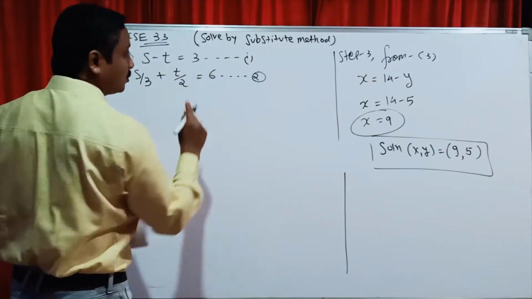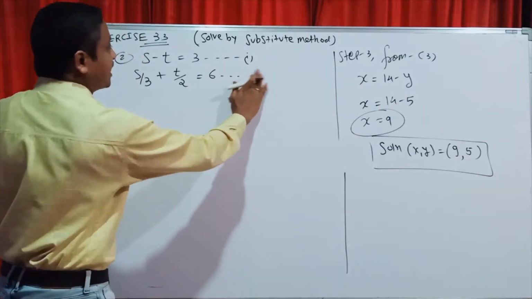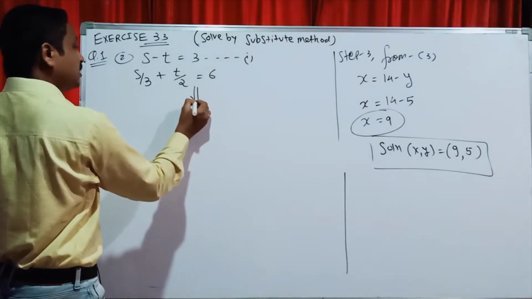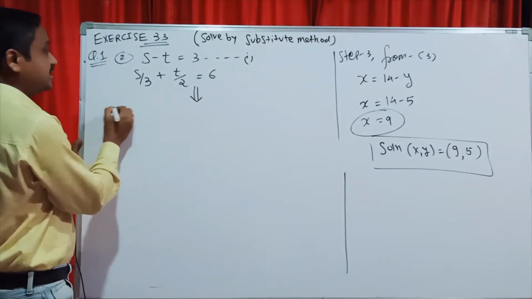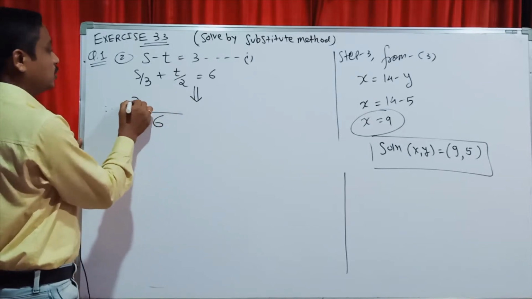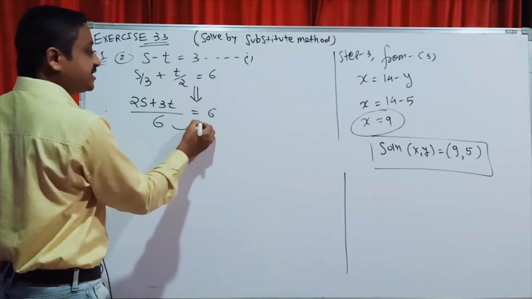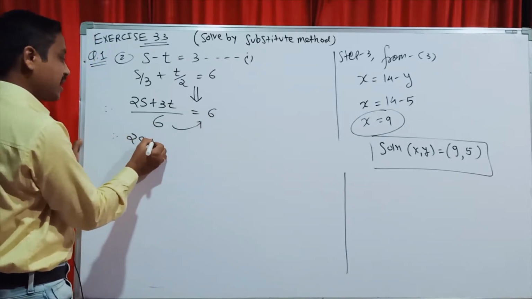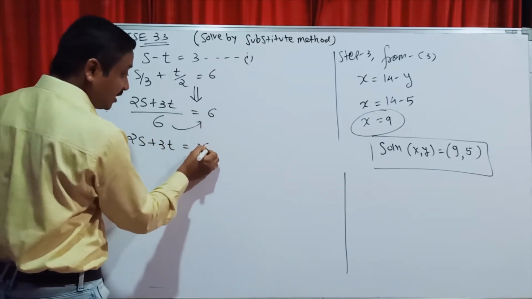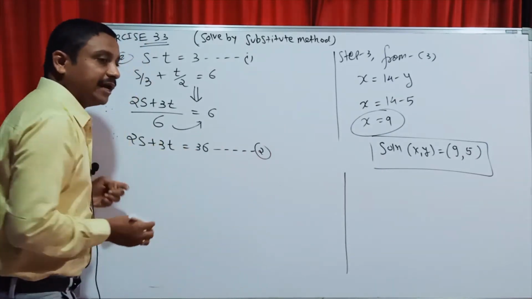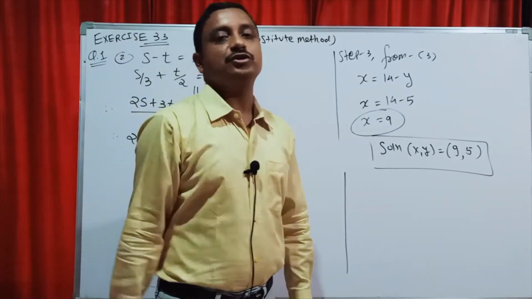Statement 2, students, here I just calculate in equation form. So LCM is 6. Twice s plus 3t, with the 6 LCM carried, is equal to 36. And this is my equation number 2.